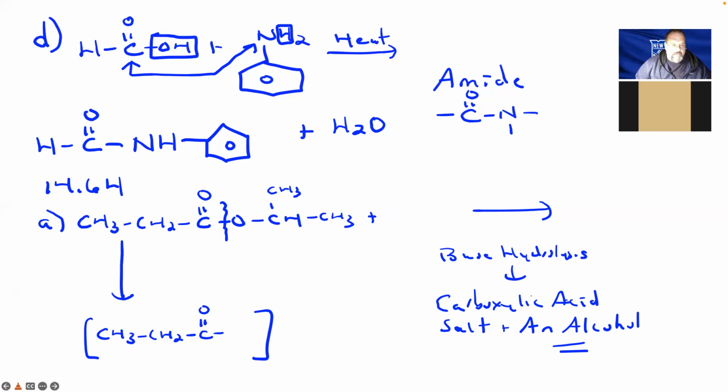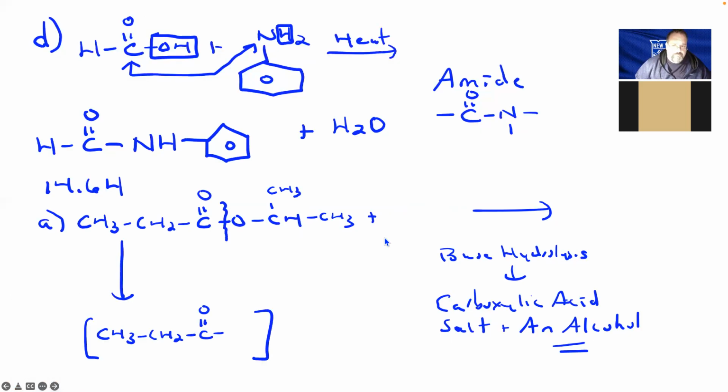So in this case, if the OH group of the base were to take the place of the alcohol part of the ester, the carboxylic acid we initially get would be the following. This part comes off, CH3, CH2, C double bond O, OH.